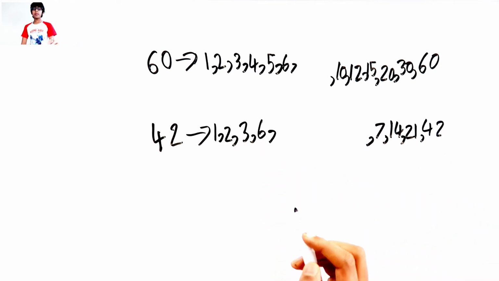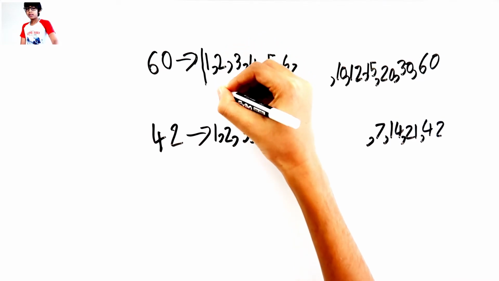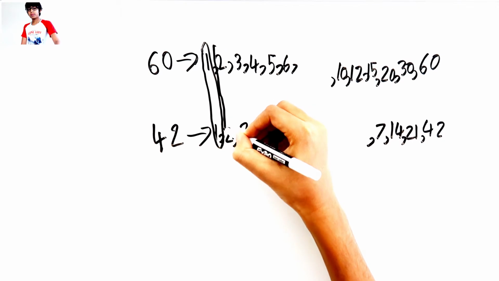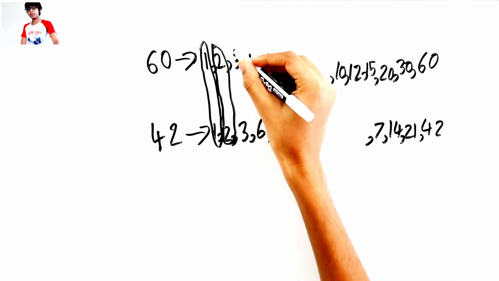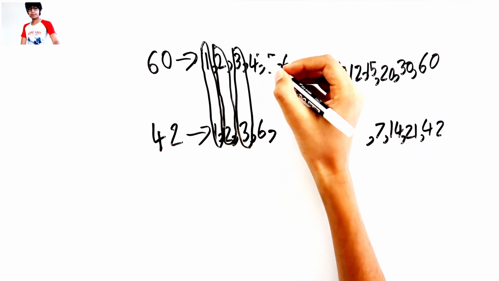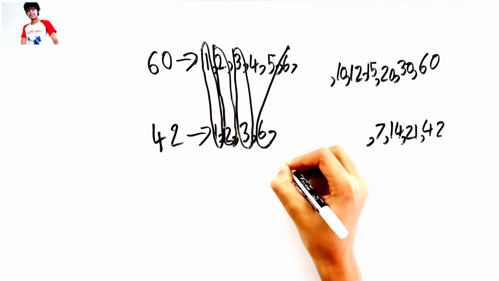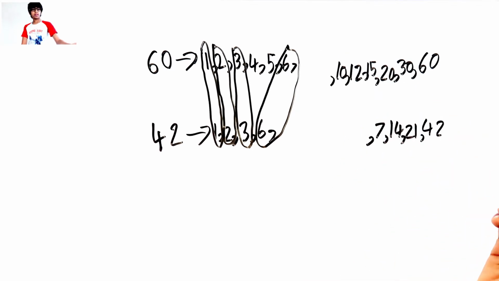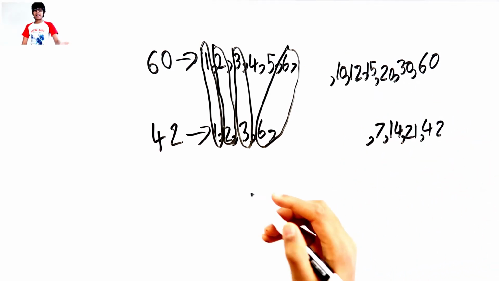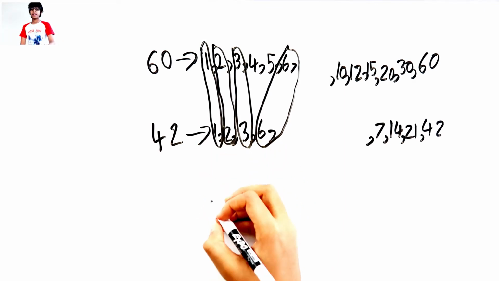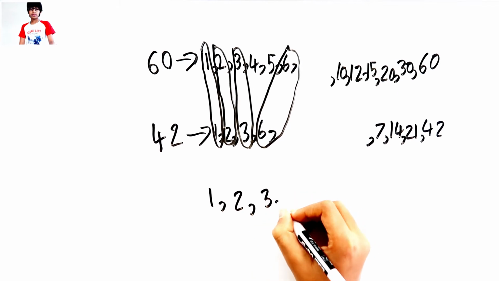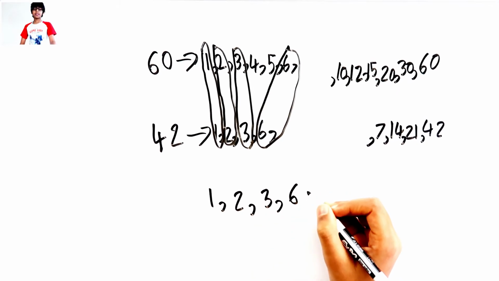Now, let's group them. So, 1, 2, 3, 6, and that's it. Now, let's write the common factors here. 1, 2, 3, and 6.